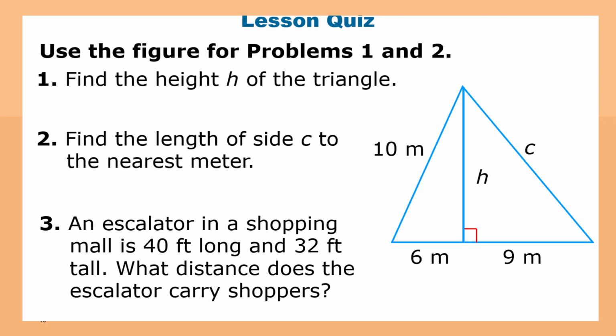Okay, let's try to solve this one. We're looking for the height here for number one. So h is equal to the square root of 10 squared minus 6 squared. That's the square root of 4 squared, or the square root of 16, or that is 4 meters.